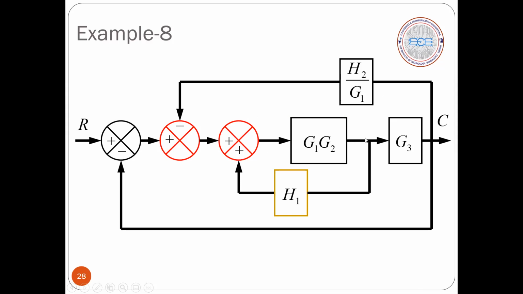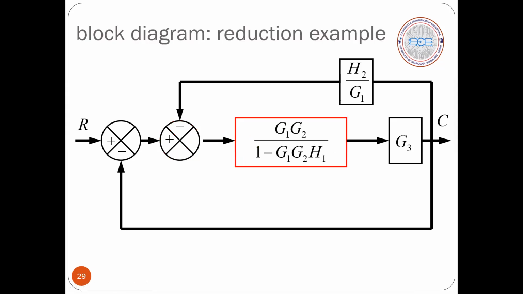Forward path gain divided by 1 minus, because I have plus here, so I'll get in the formula minus. So 1 minus the forward path and the feedback path gain. Okay, so now I have simplified. That is forward path G1, G2 divided by 1 minus forward path G1, G2 into the feedback H1.